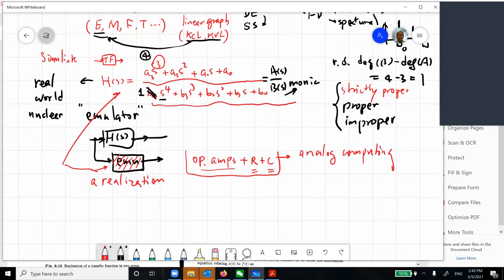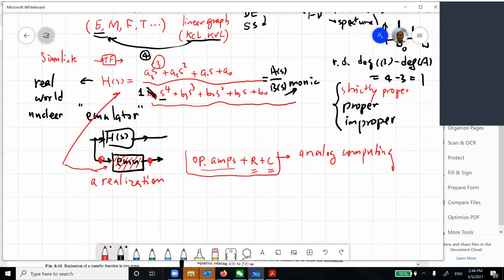This is a differential equation. How can we build an op-amp and RC-based system such that I can build this op-amp circuit from input to output, and it looks exactly the same as G(S)? We call that a realization. Realization is never unique. If it is correct from the input and output point of view, then it is correct.